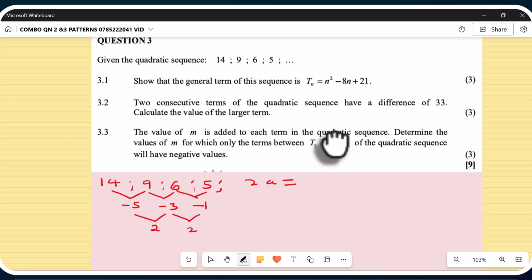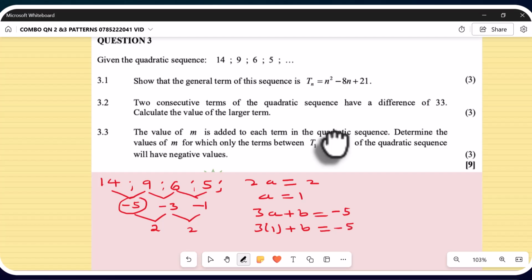Because we have the tn here, which is 2n minus 7, then our tn minus 1, we're going to equate it to the 37. And then you solve 2 times n minus 1, minus 7, equals, here they gave us 33, not 37, sorry. If you check here one more time, it is 33, right?